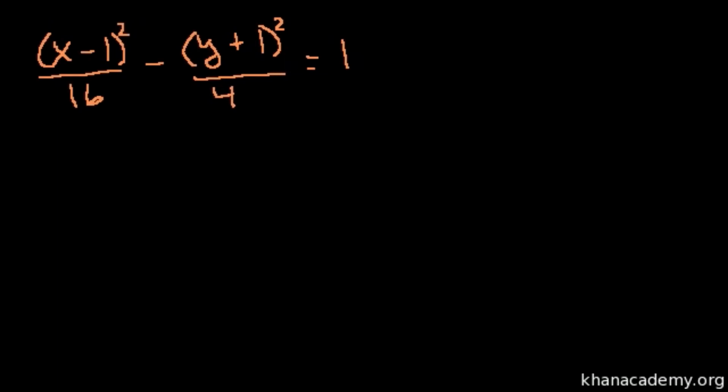The classic or the standard non-shifted form of a hyperbola, or a hyperbola centered at 0, would look something like this, especially if it has the same asymptotes, just shifted but centered at 0. It would look like this: x squared over 16 minus y squared over 4 is equal to 1.